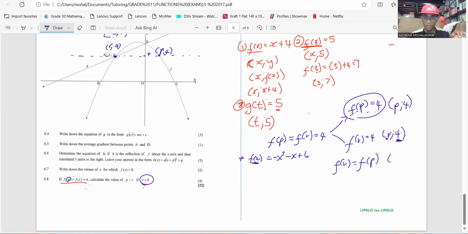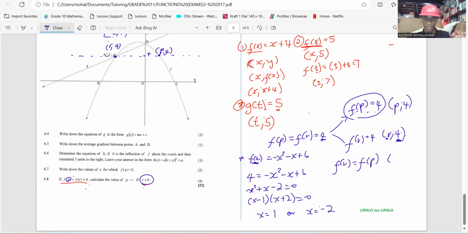The y value, they told me, is 4, so I'm going to write 4 to get the x values. So I'm going to have x squared plus x minus 2 equals 0. So I have x minus 1, x plus 2 equals 0. So x is equal to 1 or x is equal to -2.